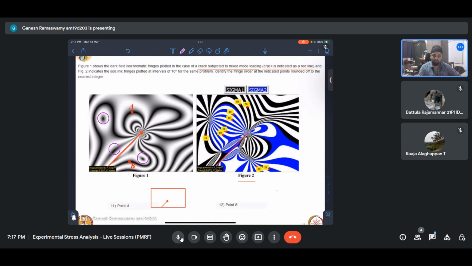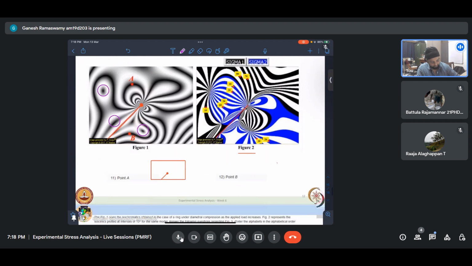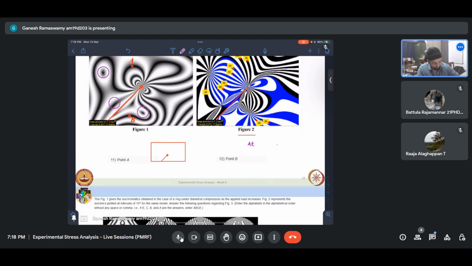Now that we have identified the isotropic points, what do we know about isotropic points? We know that n equal to 0, which implies sigma 1 equal to sigma 2.